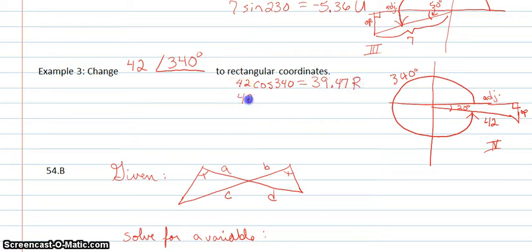And then we have 42 sine 340 degrees, which is negative 14.36 u. So when we write this out together, we'll have 39.47 r minus 14.36 u. And that would be our answer.